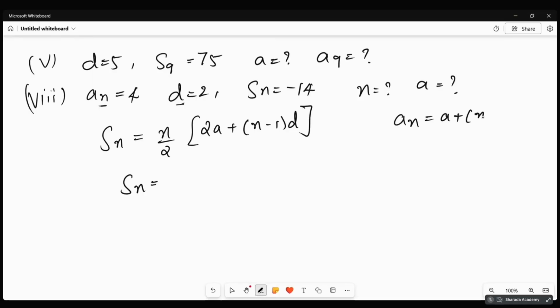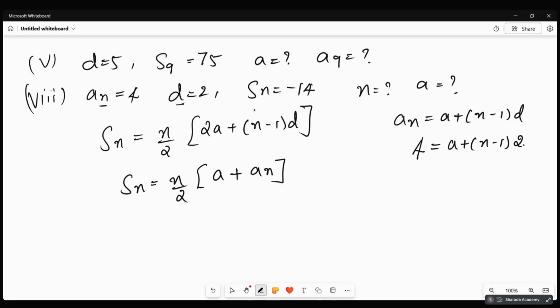A plus (n minus 1) into d. So 4 is equal to a plus (n minus 1) into 2. This is one equation we get. So Sn is equal to n by 2 into (a plus an) also I can write. Correct? This is a formula we have, right?